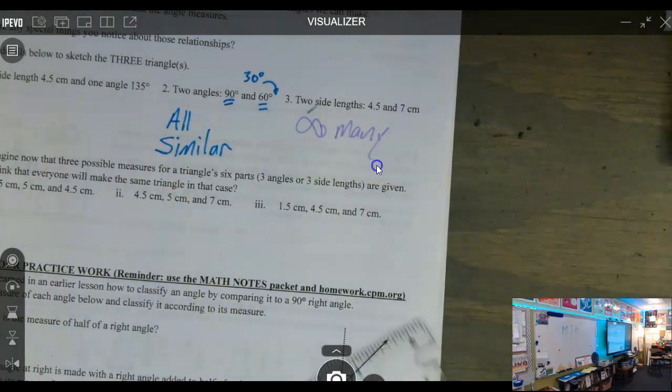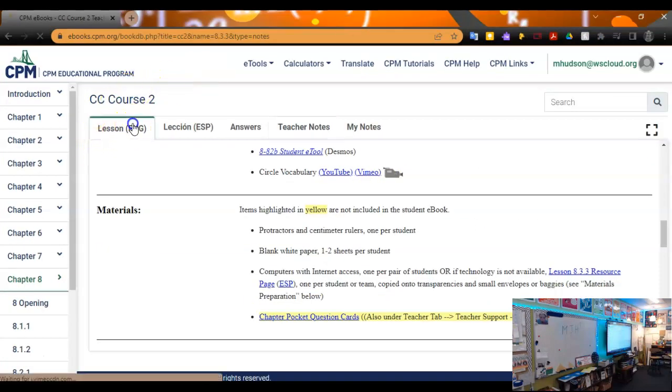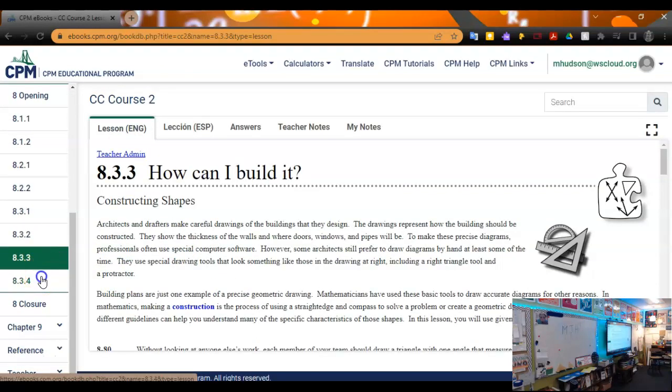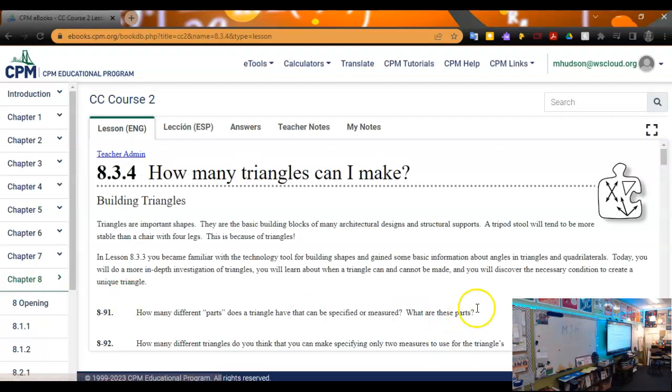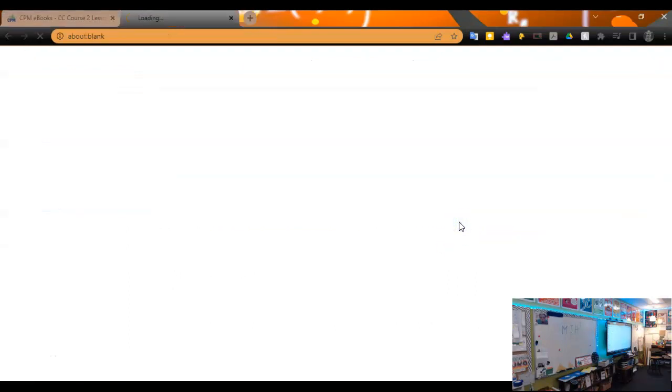So now if you want to use some technology to play with this, get into your Chromebook and go to 834's lesson. Once you hit right here, there's the 894 triangle creation e-tool, and there's also just a generic triangle tool.